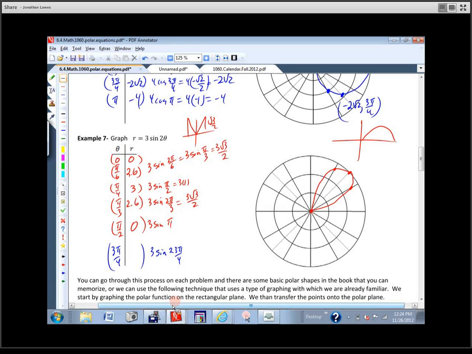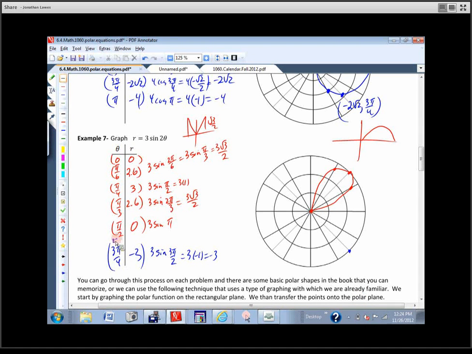So let's see, that's going to be 6 pi fourths, or that's going to be 3 pi halves, right? What is the sine of 3 pi halves? -1. So this is 3 times -1, which is -3. So even though I'm pointing in this direction, where do I graph the point? Opposite direction right there. Okay?